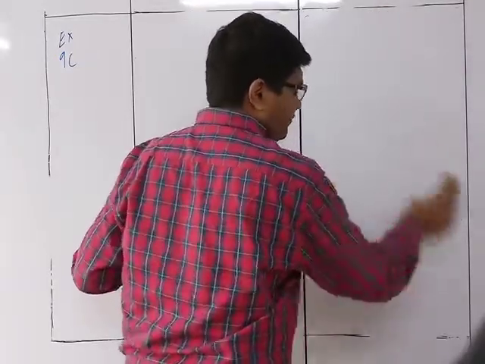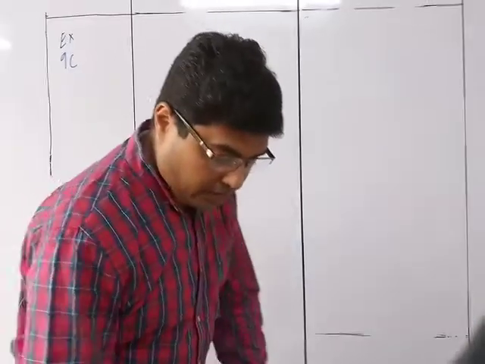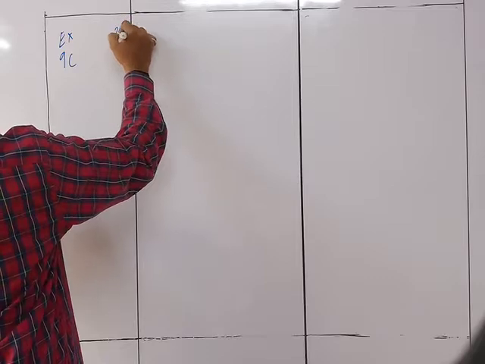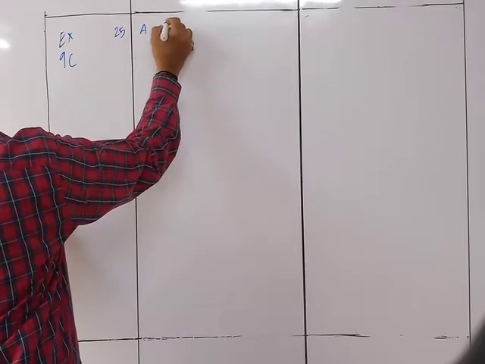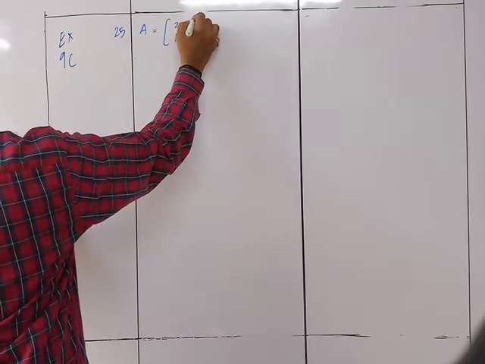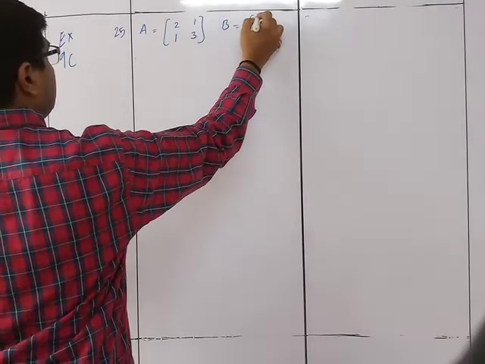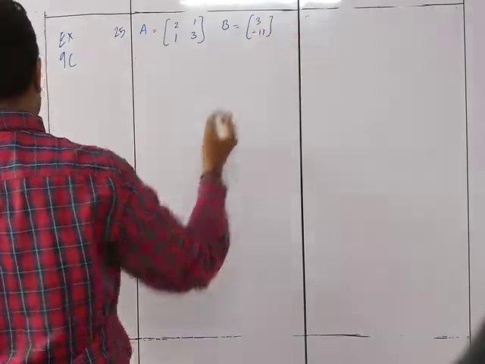Okay, sum number 25. We have A equal to [2, 1, 1, 3], and B equal to [3, minus 11].